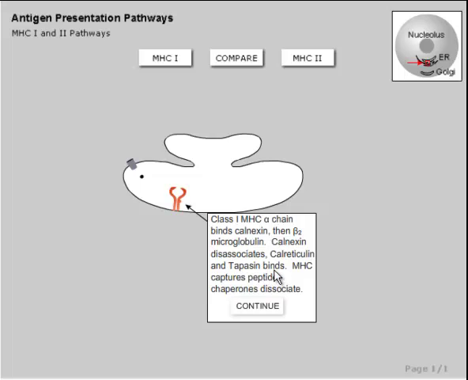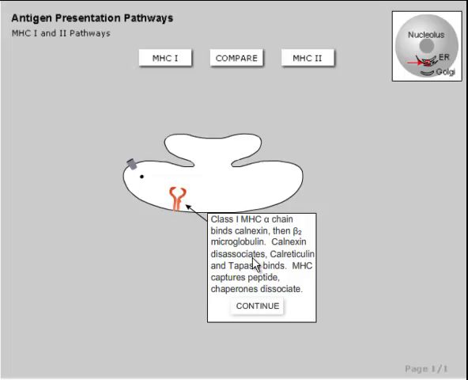So there's other proteins inside the endoplasmic reticulum that need to kind of activate the major histocompatibility complex so that it can interact with this antigen that's coming in. So you don't need to know the names of these different proteins, but one is called calnexin, and then there's a beta-2 microglobulin that also will bind to and associate with this complex.